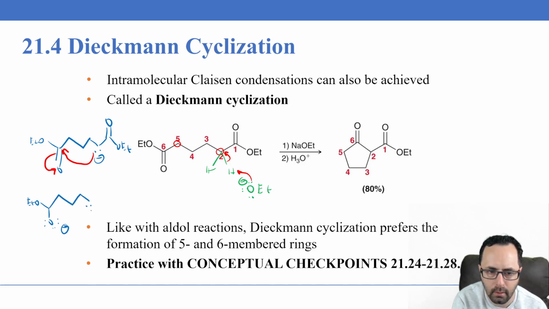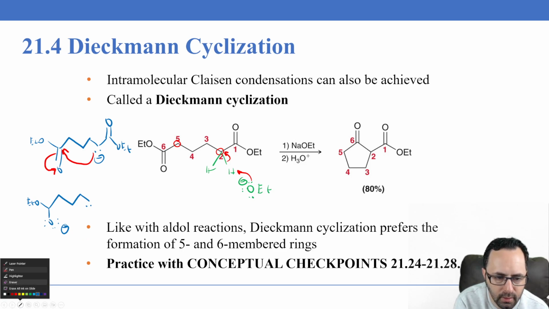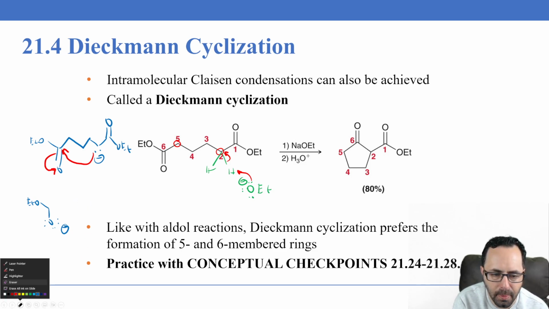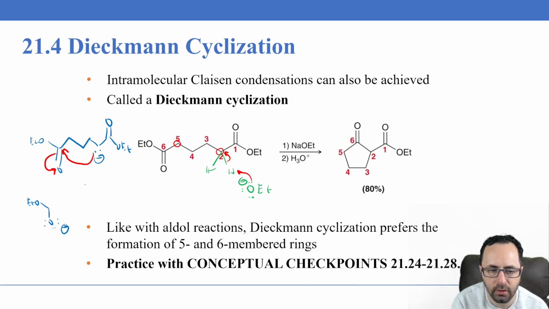And, whoops. I have to close the ring. Close the ring. And so this carbon attacked here. So let's count how many carbons are going to be in our ring. This is going to be one of them, 2, 3, 4, 5. So this is going to be a 5-membered ring. And so we'll draw that.